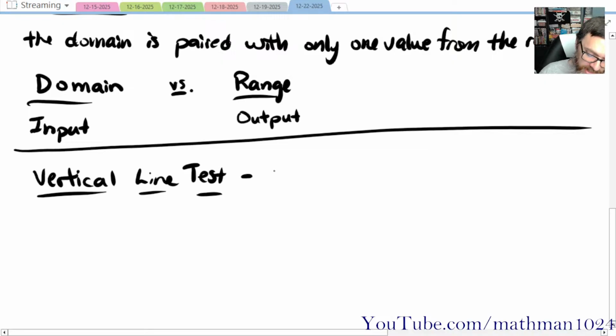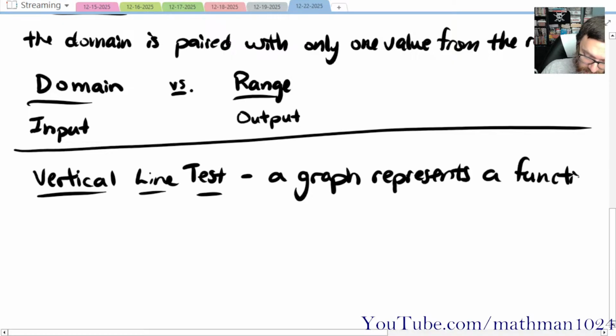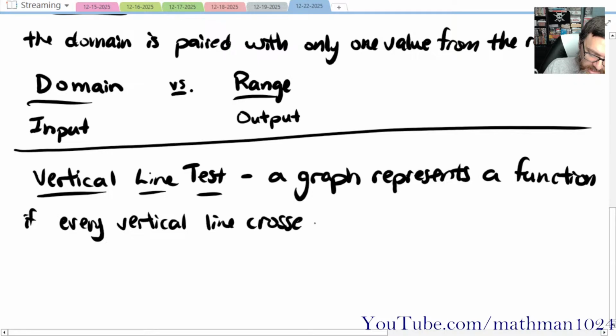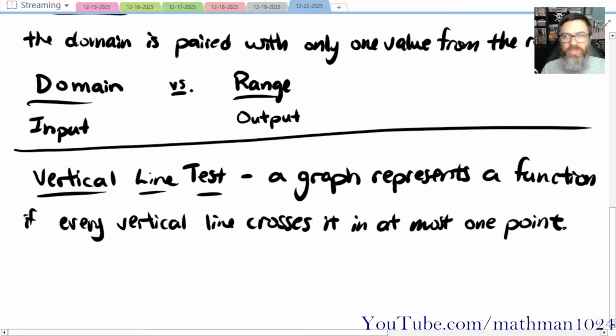So the vertical line test says that a graph represents a function if every vertical line crosses it in at most one point. So if every vertical line crosses your graph in at most one point, then you're talking about having a function.